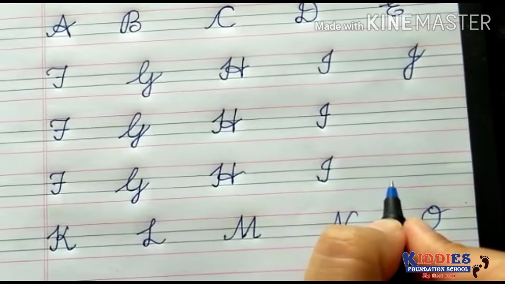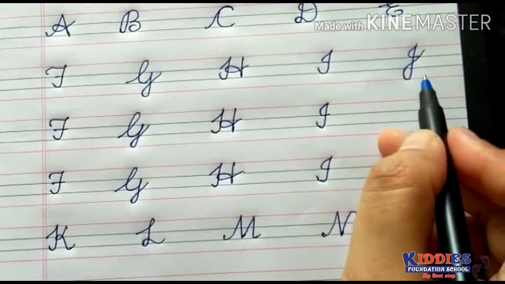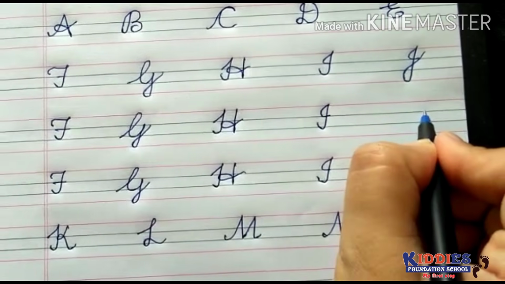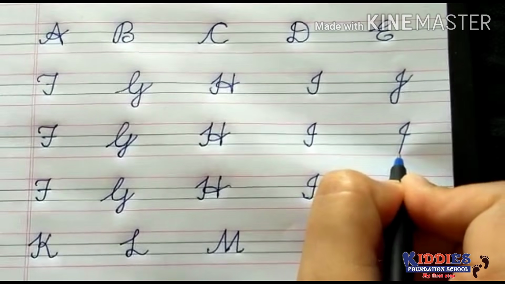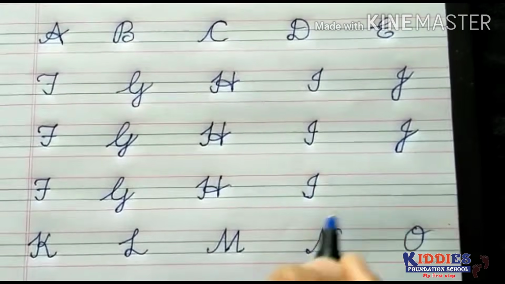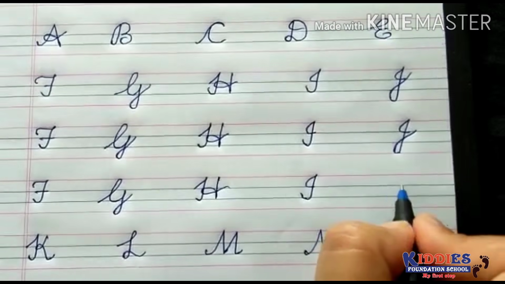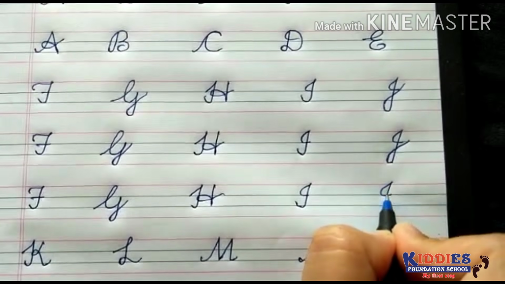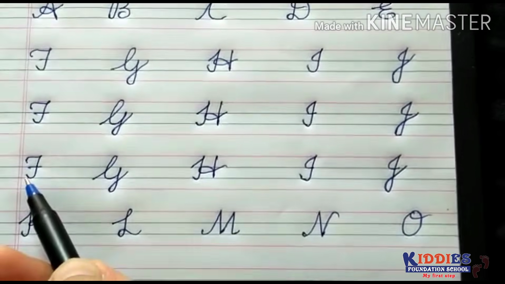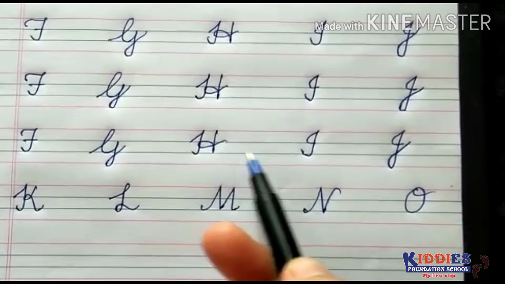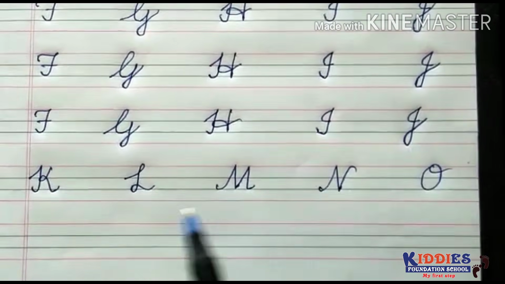I. Now we are going to write the letter J. From here to red line, then blue line. Okay, now these are the letters F, G, H, I and J.